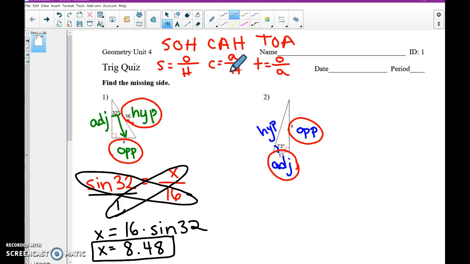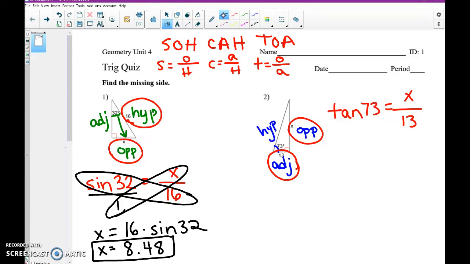So check my SOHCAHTOA up here. Which one uses opposite and adjacent? That would be the TOA. T stands for tangent, and we abbreviate it TAN. Again, degrees goes next to the trig, so 73 degrees goes next to tangent, and it's O over A, so opposite over adjacent, x over 13.